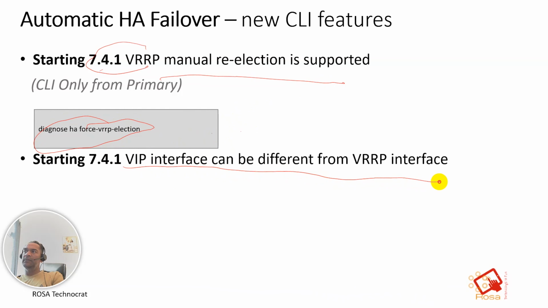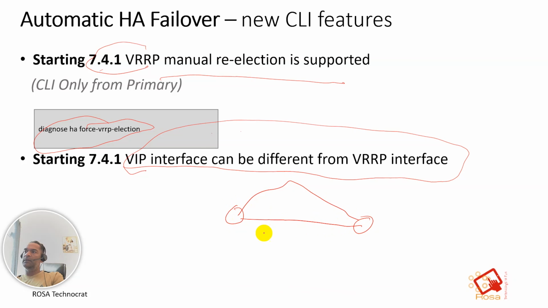VIP interface can be different from VRRP interface. This is from 7.4.1, as I told you earlier. In previous versions, both the VRRP communication port and the virtual IP should be the same, but in 7.4.1 onwards you can have different interfaces.